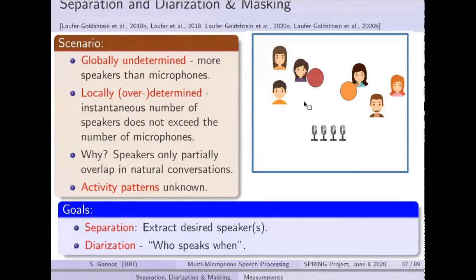So the number of locally speaking speakers, or the instantaneous number of speakers, is usually smaller. What we see here, for instance, is that only 2 speakers are speaking, and then 4 microphones are enough, although there are 6 people in the scene. Of course, we do not know the activity pattern, and we do not know when each speaker is speaking. So we need to extract the sources. Here we have 2 sources, so separation is mandatory, but also diarization, which is actually an answer to the question: who speaks when?